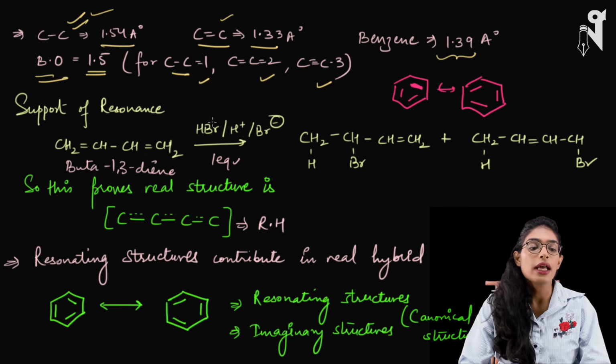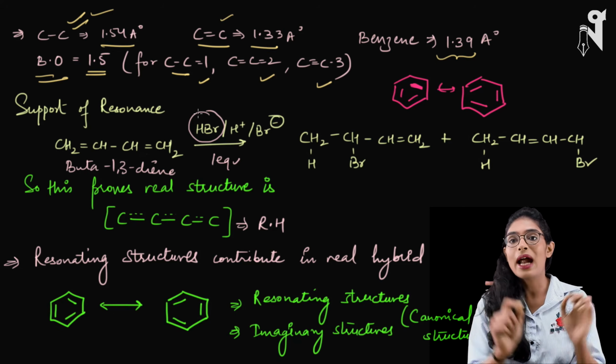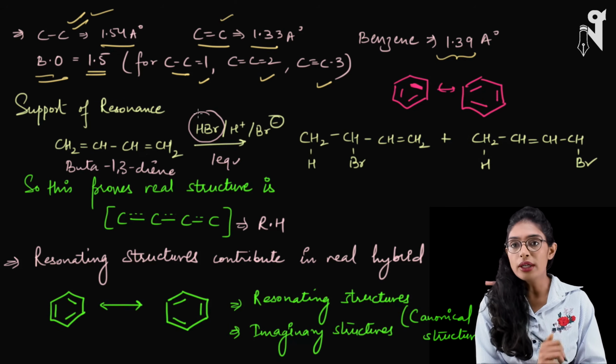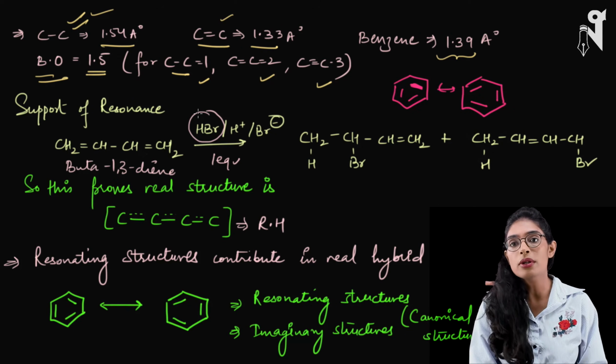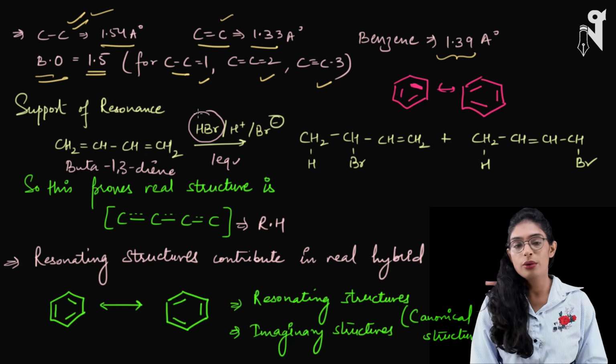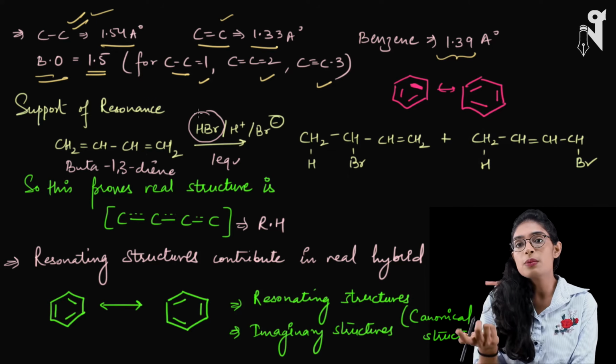That means it is limited enough to just break 1 pi bond and get added over there. It is a simple addition reaction of hydrogen and bromine on a double bond, but in a very limited quantity, so it cannot break all the pi bonds. It will be able to break only 1 double bond out of 2, so we will just break 1.